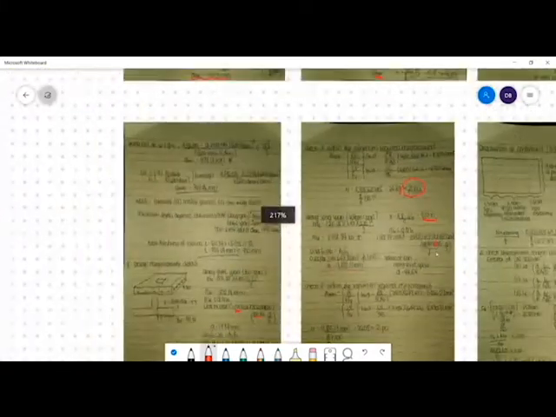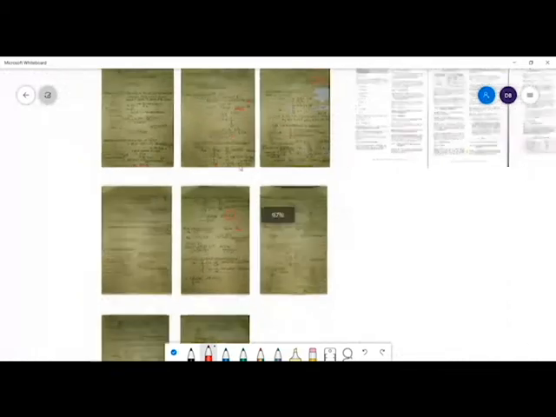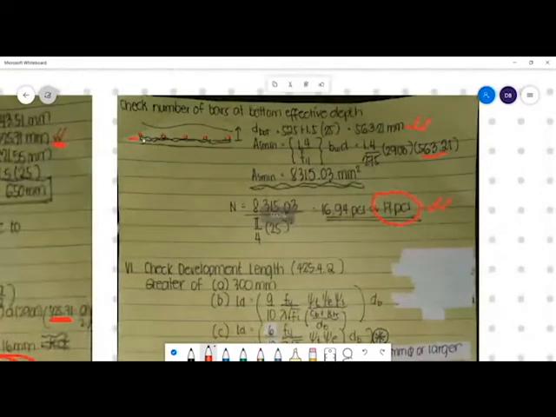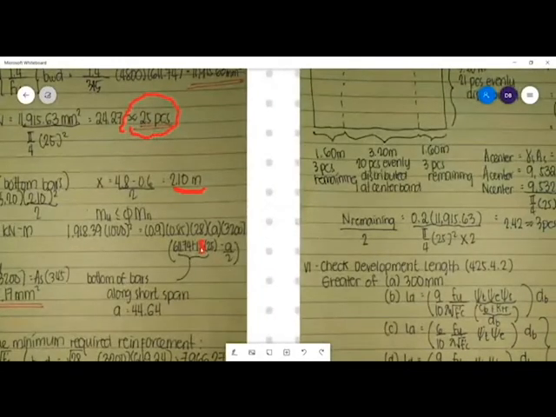The detail of our effective depth from the top: if we look at this section and we want to consider the bottom bars, we add half of the diameter on the top and half of the diameter on the bottom, so plus the full diameter instead of half only. So we just add plus 25.